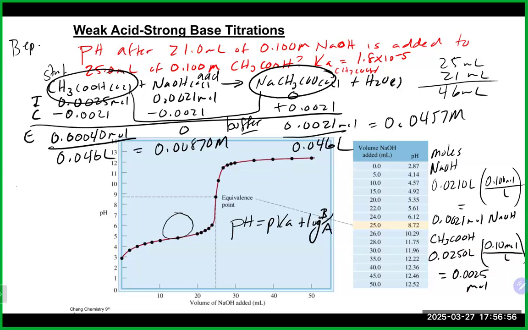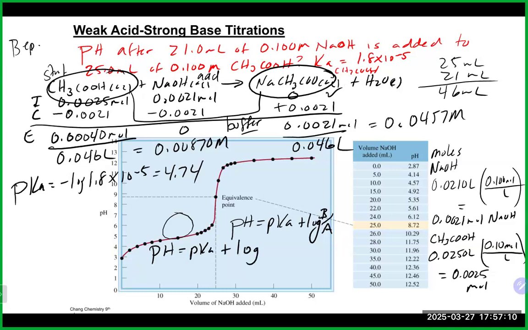Here are pKa minus the log of 1.8 times 10 to the minus 5, 4.74, giving us a pH is equal to pKa. We do want to go with our base, which is our sodium acetate, 0.0457 divided by my 0.00870, I guess. And we're going to get something.